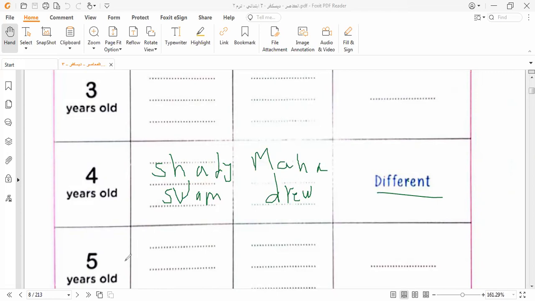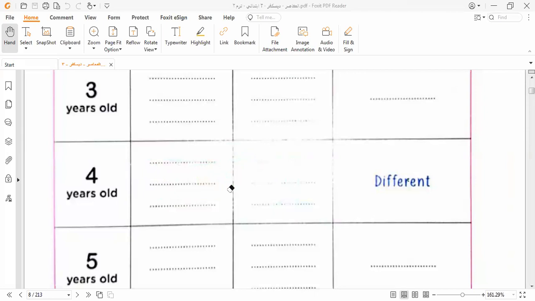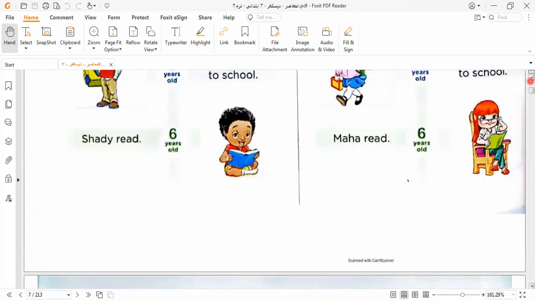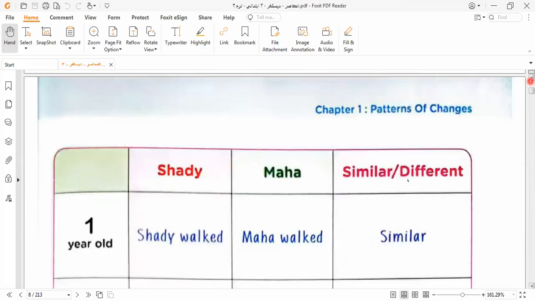At 5 years, what happened? Both went to school, and both read at 6 years.